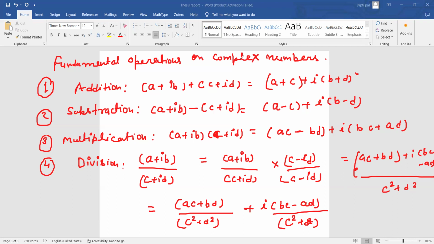Now how do we find the absolute value of any complex number?